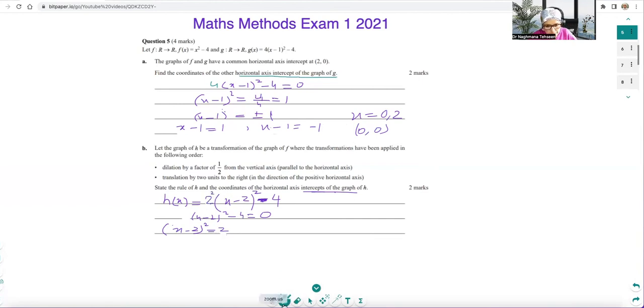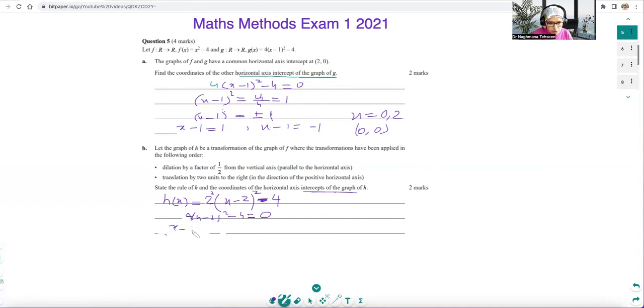So that means we got what we got before, right? So 4 times x minus 2 squared minus 4 is equal to 0. So that means x minus 2 is equal to plus or minus 1. So that gives us the intercepts.